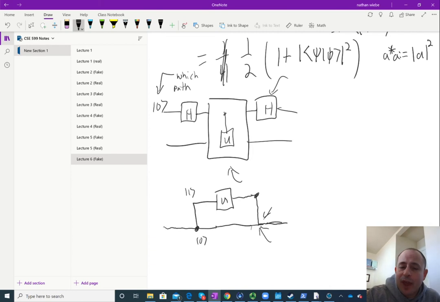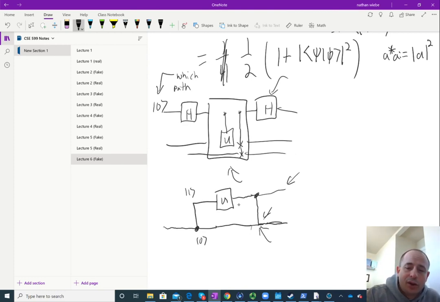And that's the purpose of the Hadamards. The Hadamards cause the split, which causes the path to break into two components. And then the Hadamard, again at the end, forces the two to merge once more. And the probability of getting 0 or 1 coming back out is given by the degree of interference that we end up getting.